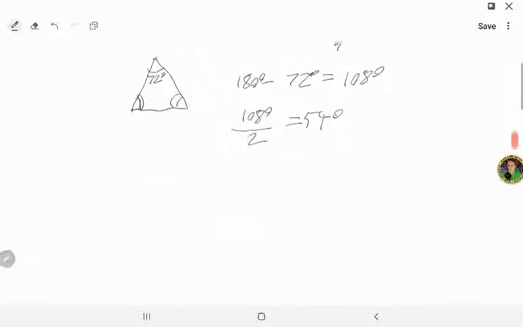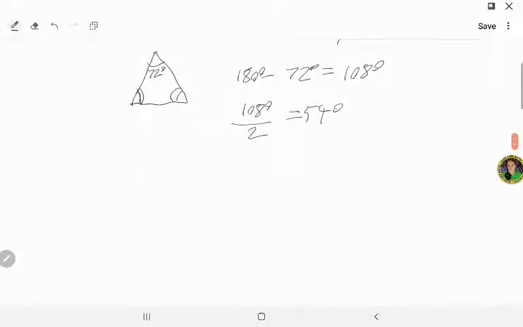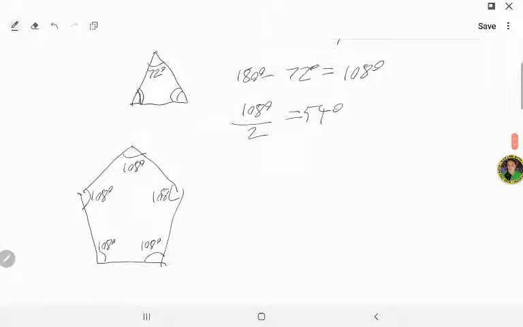But then we notice that we put everything back together again. The triangles are going to be 72 degrees by 54 degrees by 54 degrees for their 3 angle measures. But then we go back to our pentagon. We notice that those interior angles are going to have to be 108 degrees. So we actually notice that this is kind of the hard way.